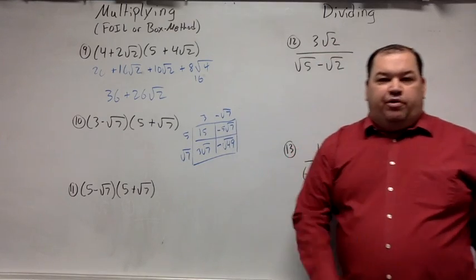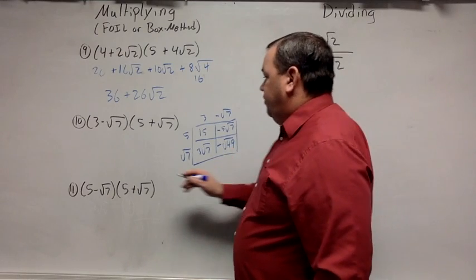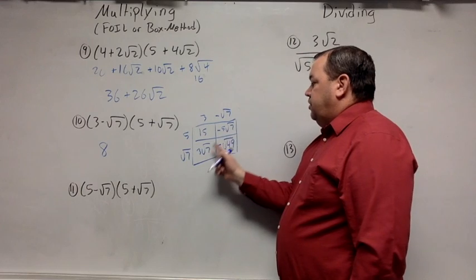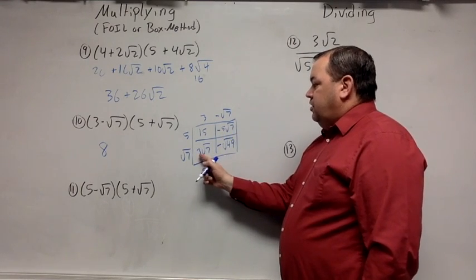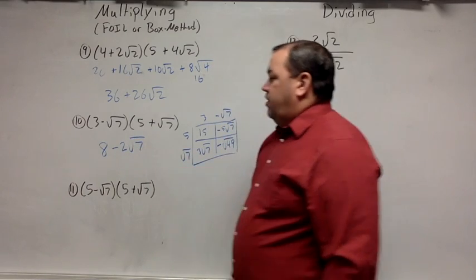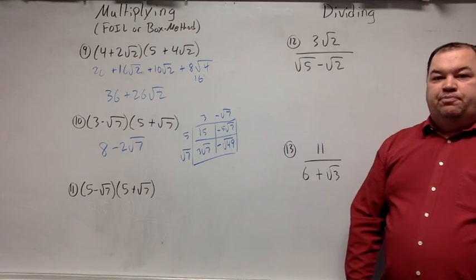I can do square root of 49. Turns out to be 7. So 15 minus 7 gives me an 8. And when I combine my like terms here, negative 5 plus 3, that gives me a negative 2 square root of 7, and I end up with another binomial, but it's in simplest form.